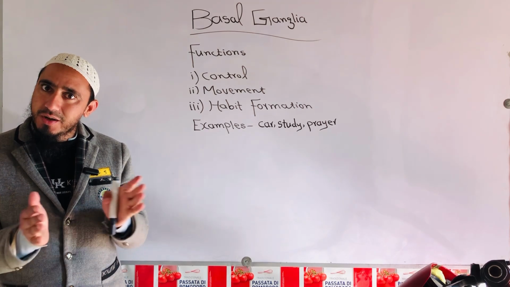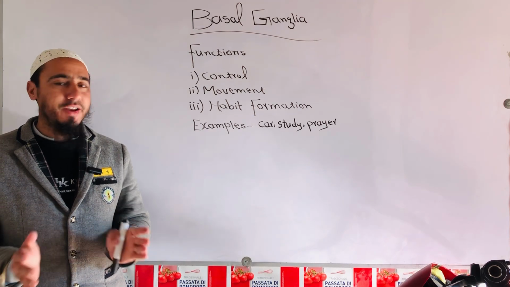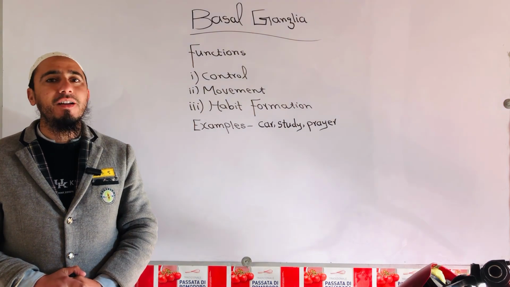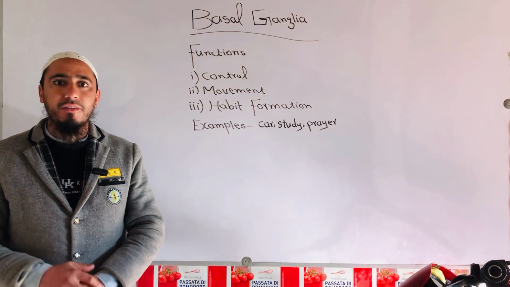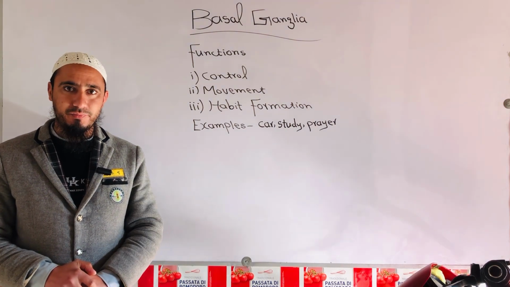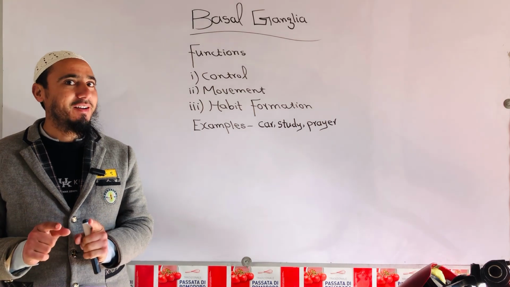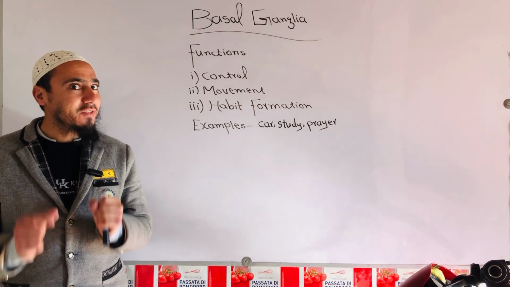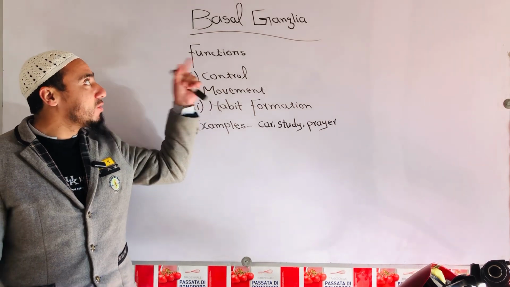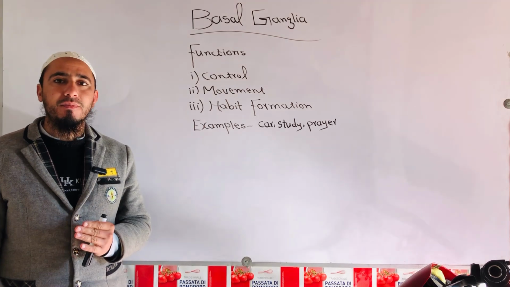So, the repetition of an action in our life is called habit, and this is the formation of habit. But remember, how is habit formed? It is due to the basal ganglia.